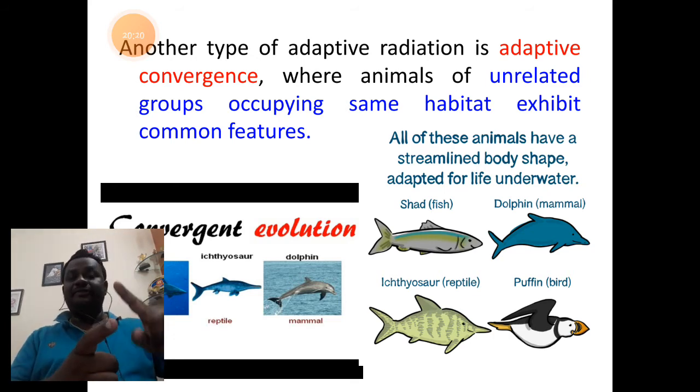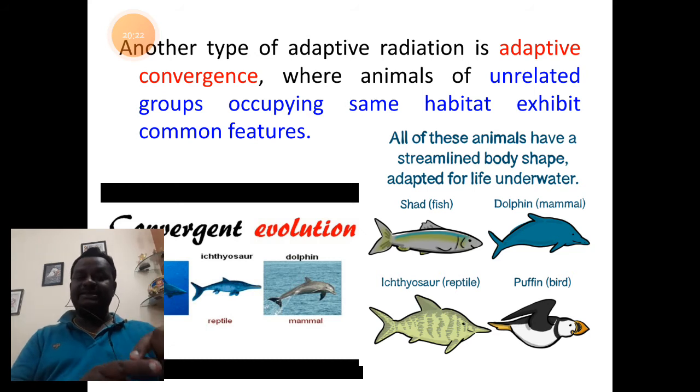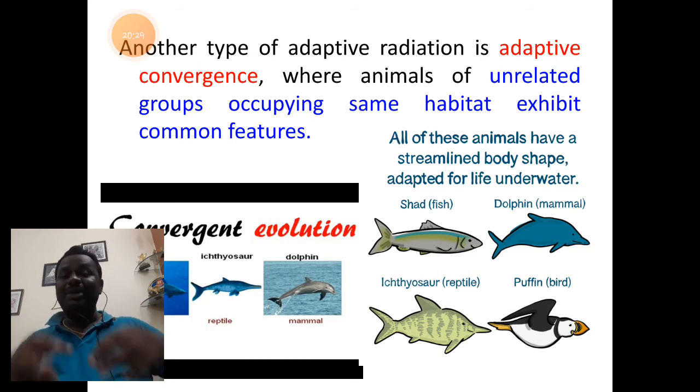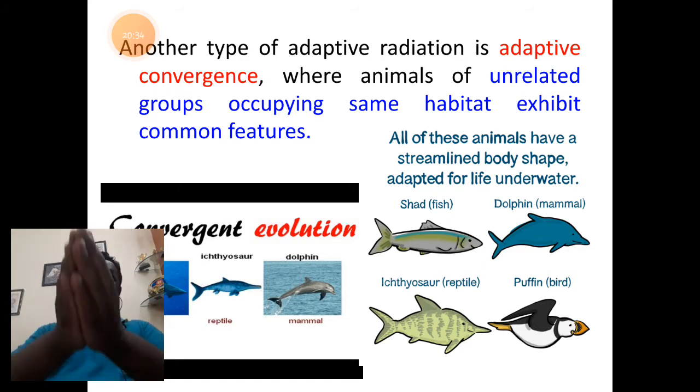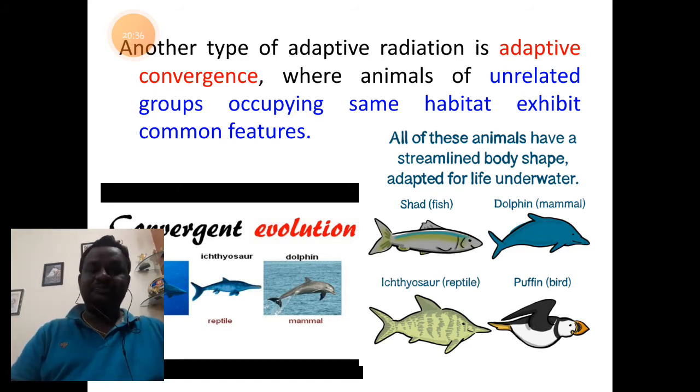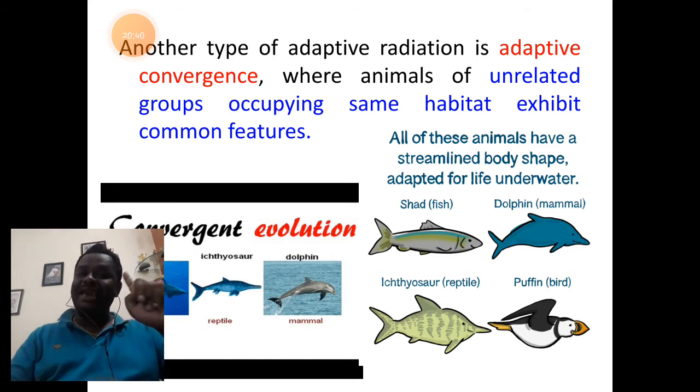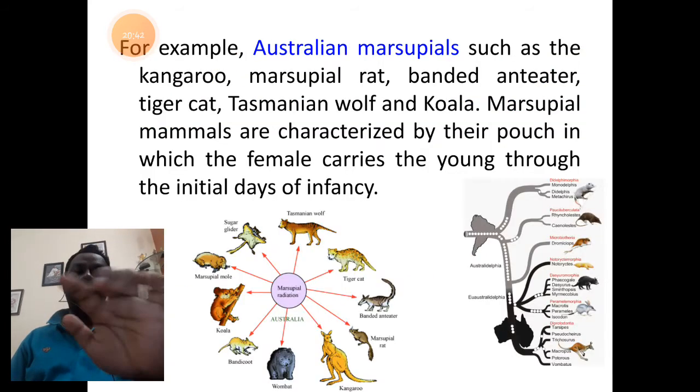See, a fish belonging to the Piscean class, the mammalian class is the dolphin, the reptilian class is Ichthyosaurus, the avian class is the bird. When all of them entered into a common habitat of the water, the body shape of them became streamlined. An example of adaptive convergence. One character gets changed in them.